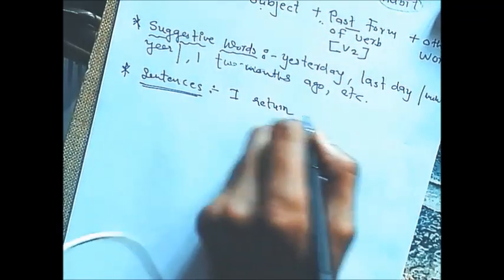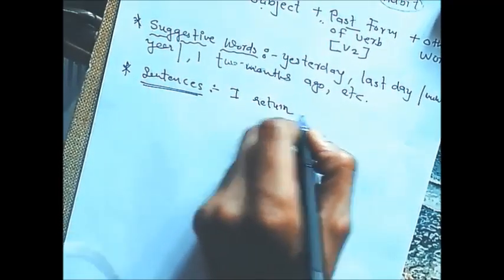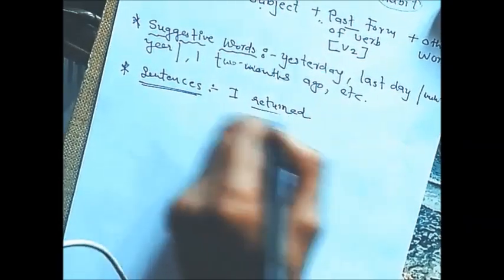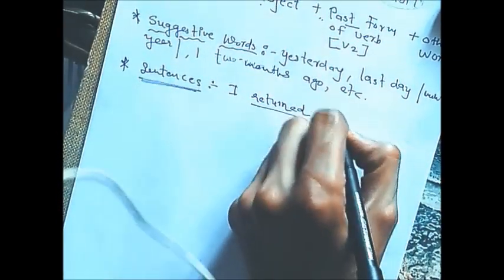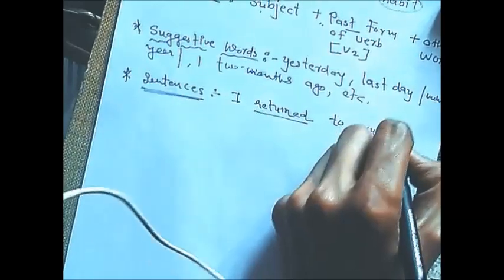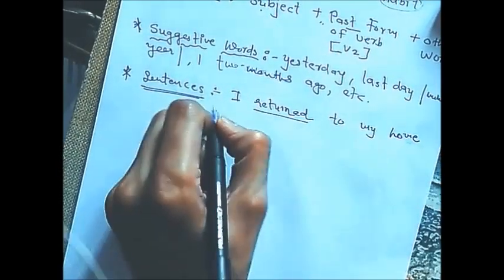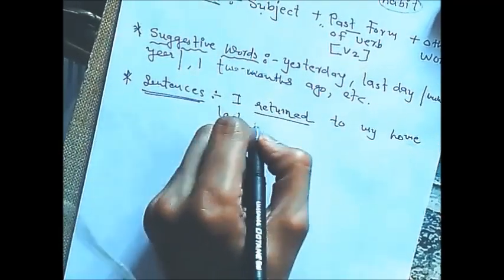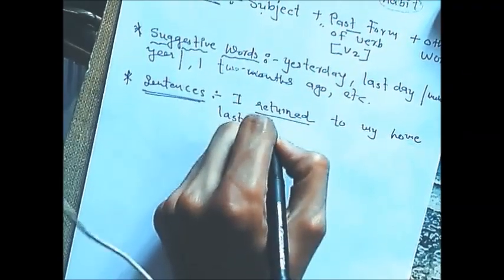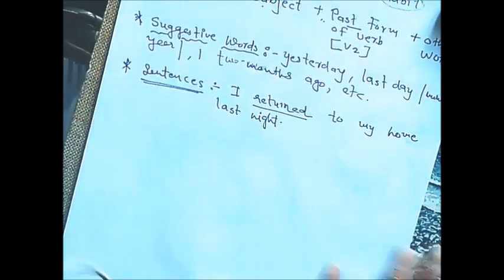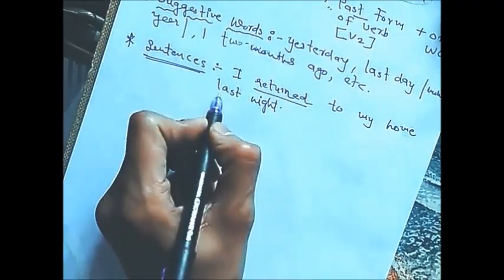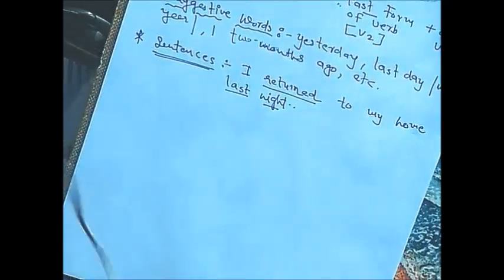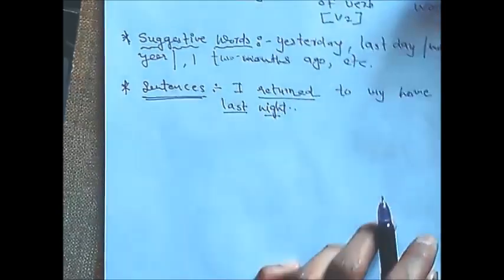To return means to come back, but the second verb form, the past form, is returned. I returned to my home last night. So this talks about coming back to the house last night. It means we are describing here the past action.